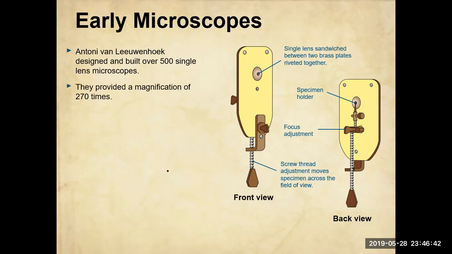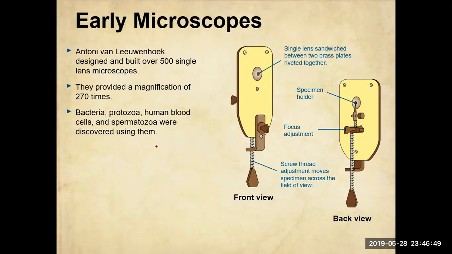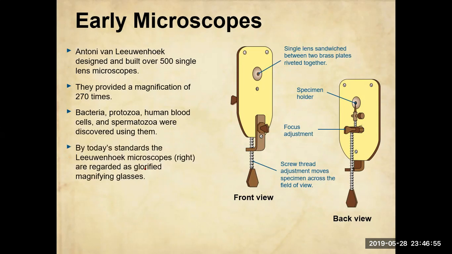They provided a magnification of 270 times. Bacteria, protozoa, human blood cells, and spermatozoa were discovered using them. By today's standards, the Leeuwenhoek microscope and the one on the right side are both regarded as glorified magnifying glasses.